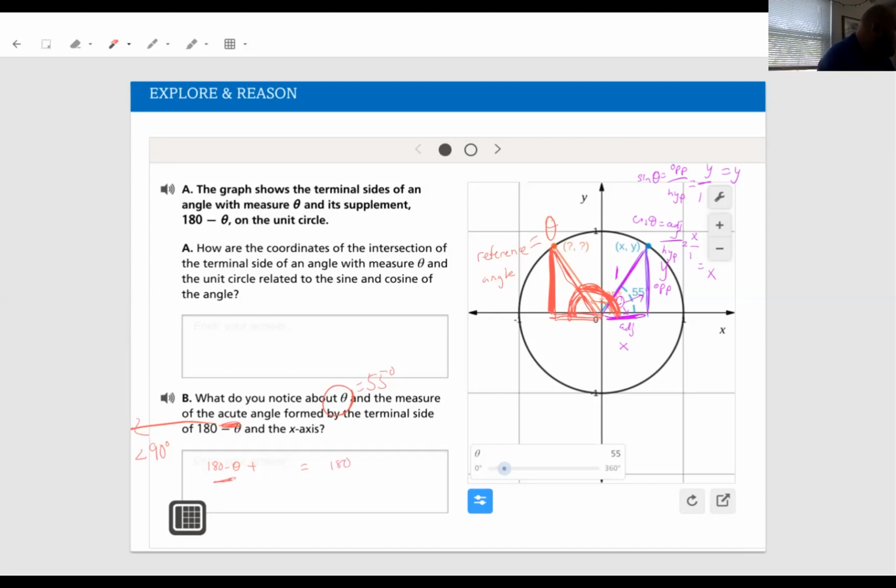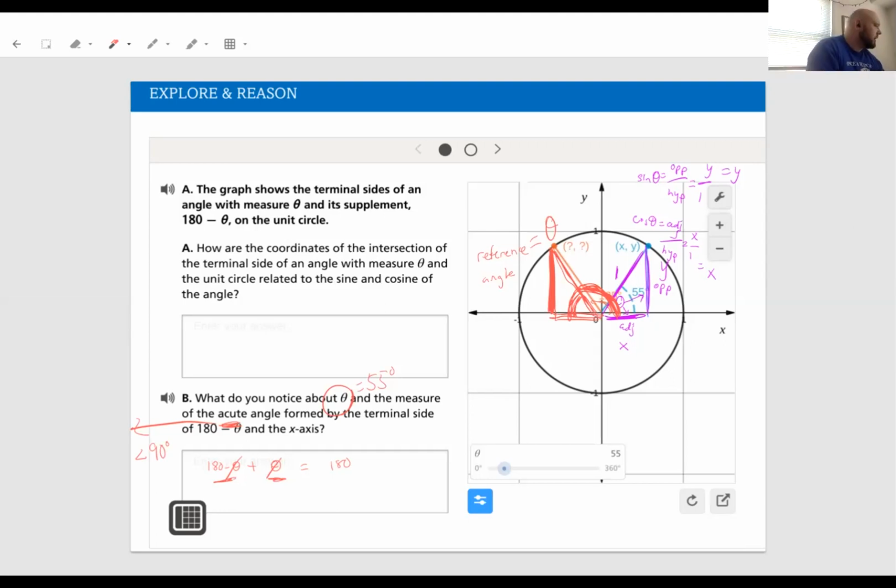Well, if I have 180 minus theta and I just add theta to it, my two thetas cancel out and I get 180 equals 180. So what do you notice about angle theta and the measure of the acute angle formed by the terminal side and the x-axis? They're both equal. The reference angle is equal to the original angle theta.